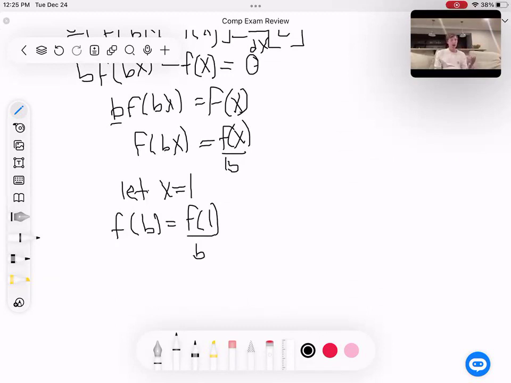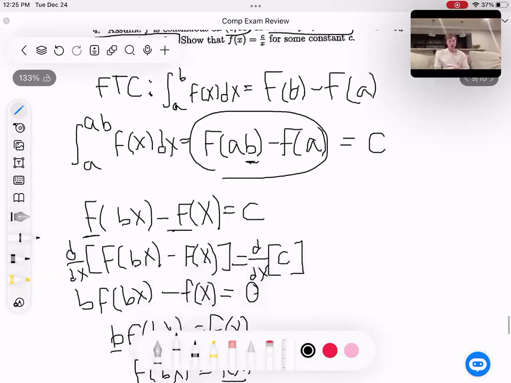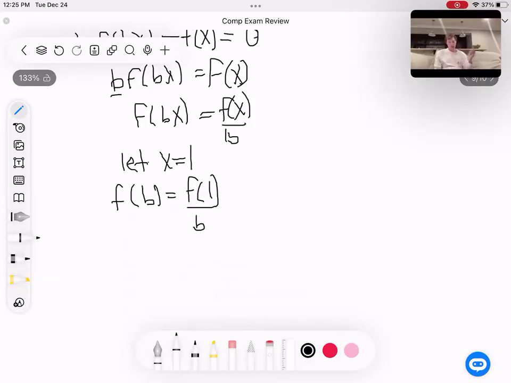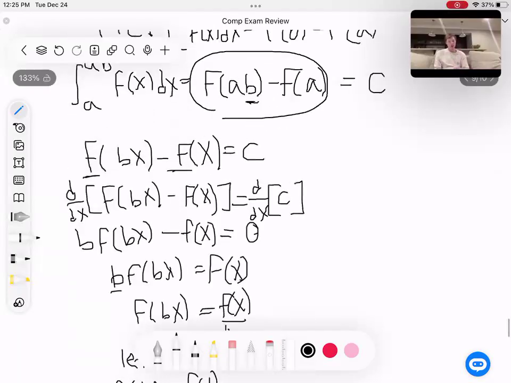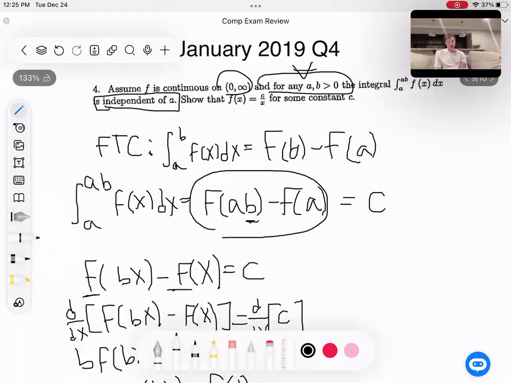Now, again, because this holds for all positive constants b, we can just replace that with x again, and we get f of x, which is the function we care about, is equal to c over x, where c is just f of 1. We don't know what that is, but it's some constant, and that's what we're trying to prove. And that concludes what we're trying to do, because we just want to show that f of x is equal to c over x.